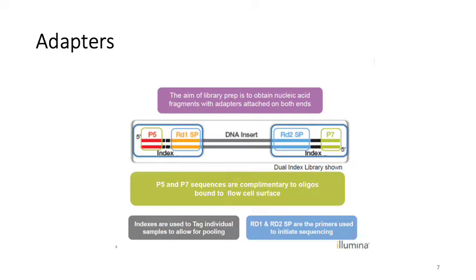Depending on the type of library prepared, this index sequence may or may not be identical to the one on the right-hand side of the DNA insert. Again, the index sequence allows multiple samples to be processed on one flow cell. Following the index sequence is the P7 sequence, which is again complementary to another set of oligos that are bound to the surface of the flow cell.